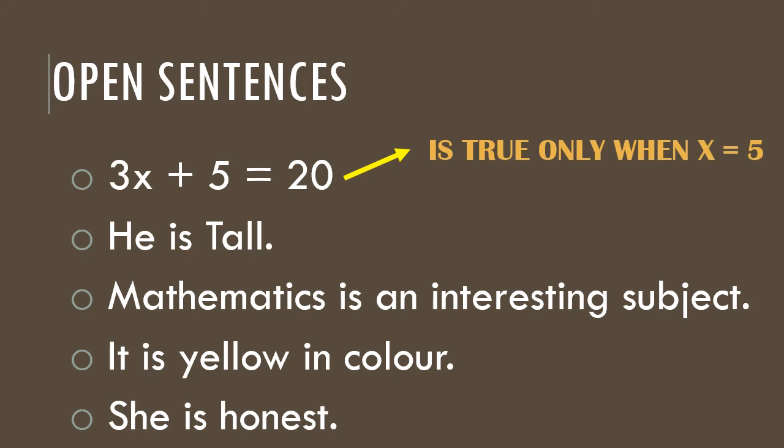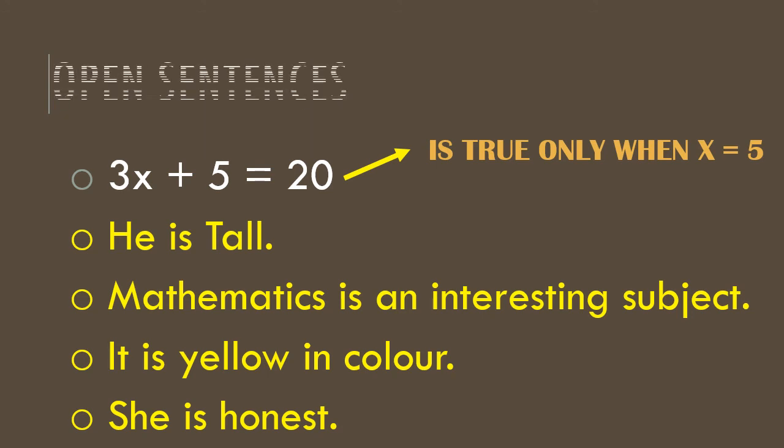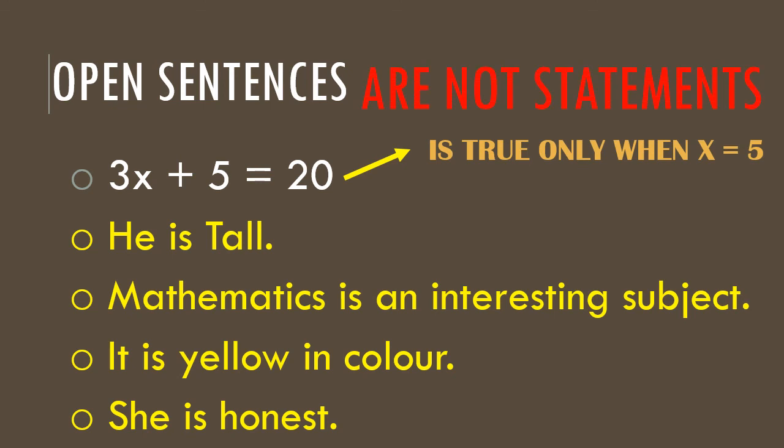In all these 4 examples, the truth values are not fixed. These 4 are almost the same type, and we have no clarity about their truth value. It is sometimes true, sometimes false, and such sentences are not of our interest. So our conclusion is open sentences are not statements.